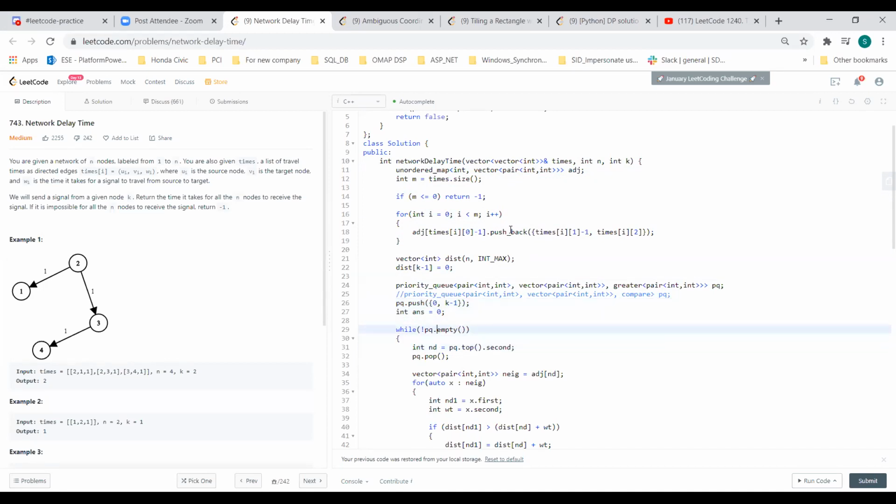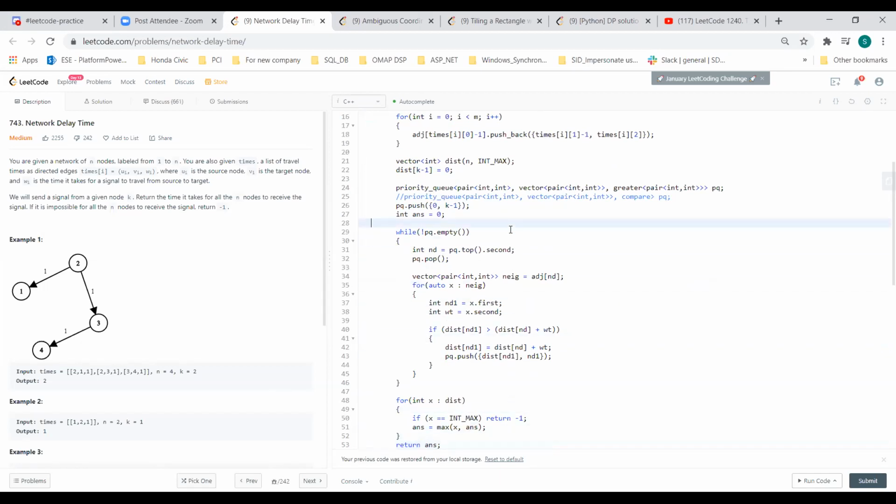Then you do Dijkstra: while the queue is not empty, you pop the top value from the priority queue min heap. Then you look at all the neighbors and, for each neighbor, do the relaxation. You check whether the distance of the popped node along with the current weight is less than the neighbor's distance, and if so, you substitute the new value and push it into the queue.